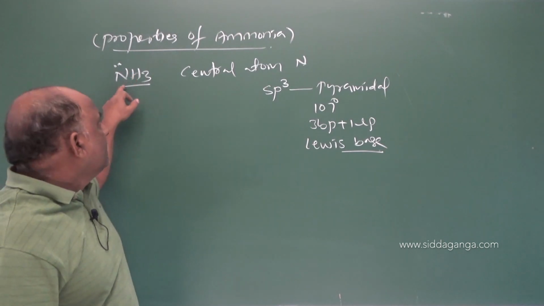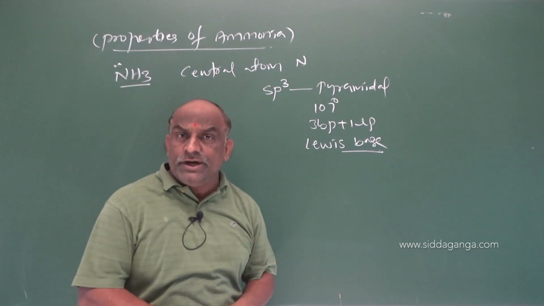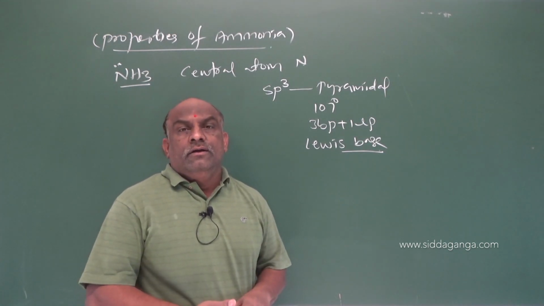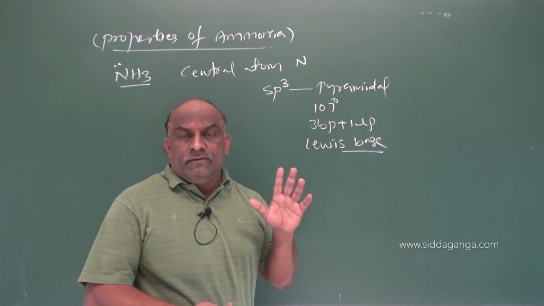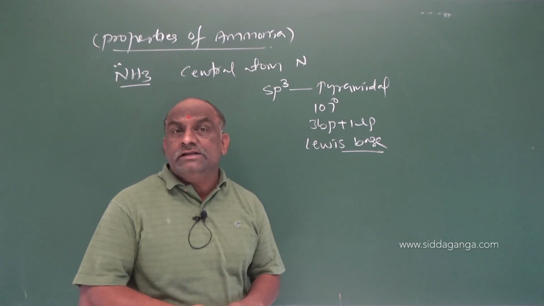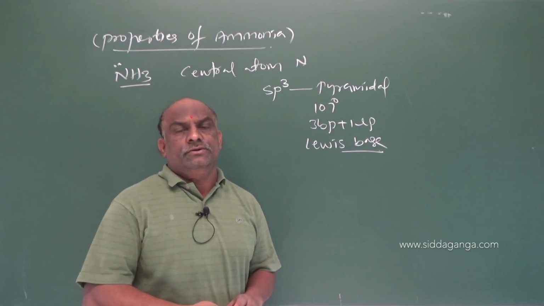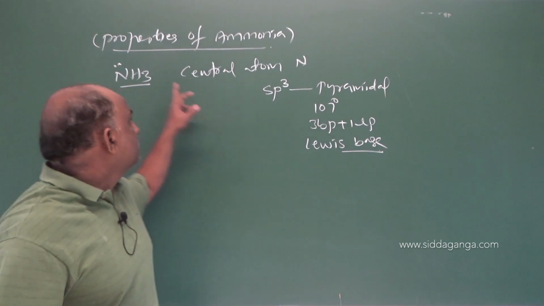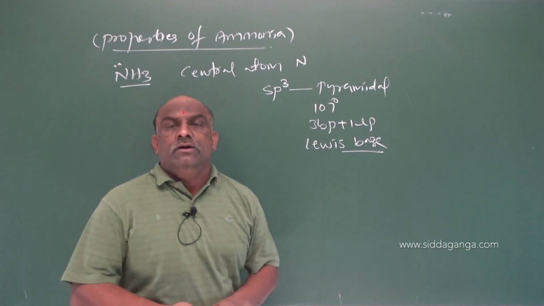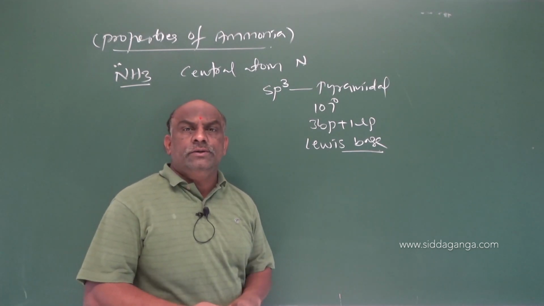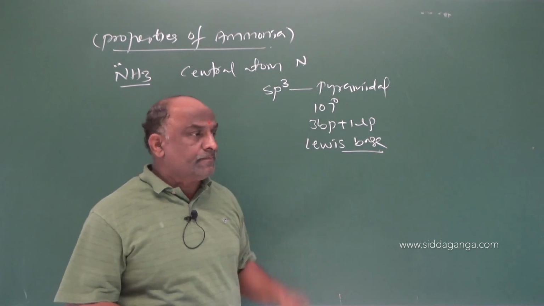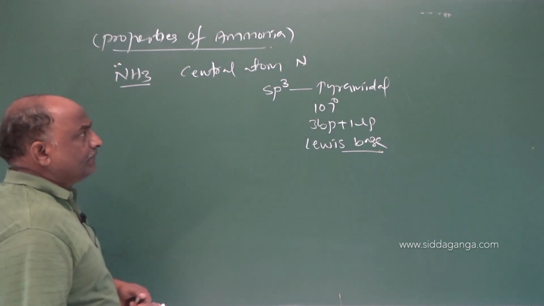It has an octet, but not all electrons are involved in bond formation. 2 electrons are not involved in the bond formation, and these 2 electrons are said to be a lone pair of electrons. An electron pair donor is called a base, which is a Lewis base.